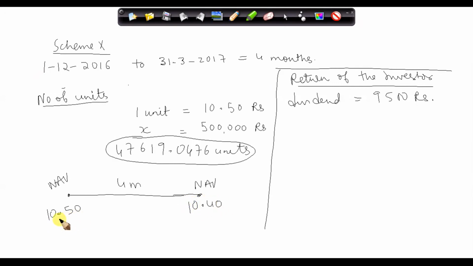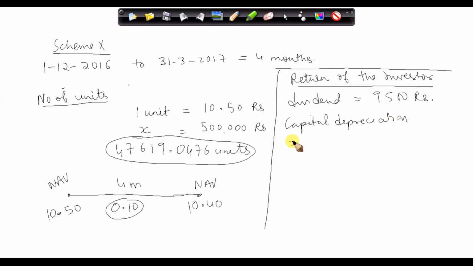So you can see that the NAV has declined by 0.10 paise per unit. So this decline in value is nothing but a loss to the investor. So you can say this is nothing but a capital depreciation, or diminution in the value.